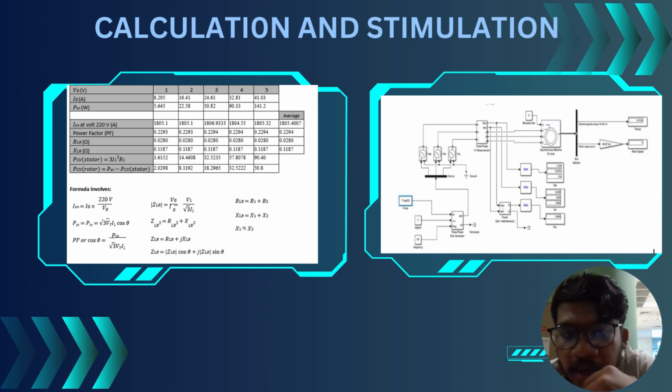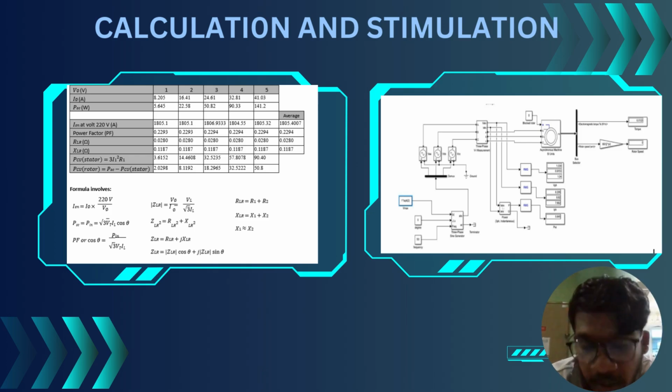We are using 1 voltage to 5 voltage. We need to find the I phase, V phase, and power PSC for each and every voltage from 1 until 5. So this is the procedure for test 2.